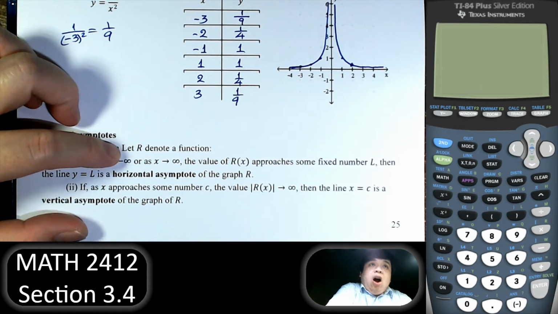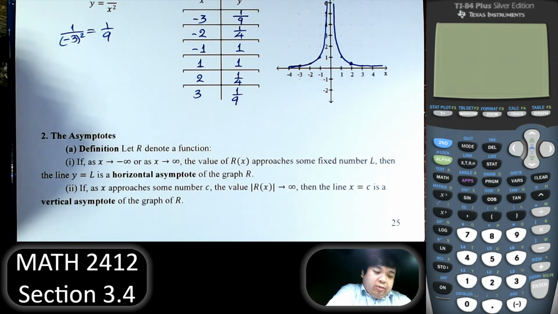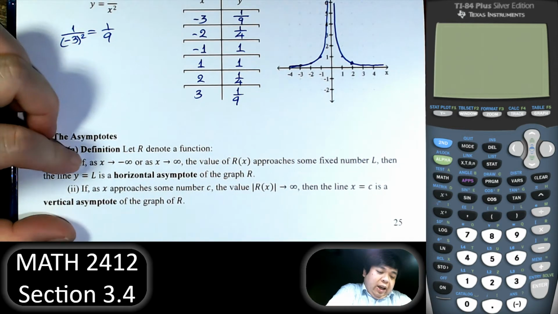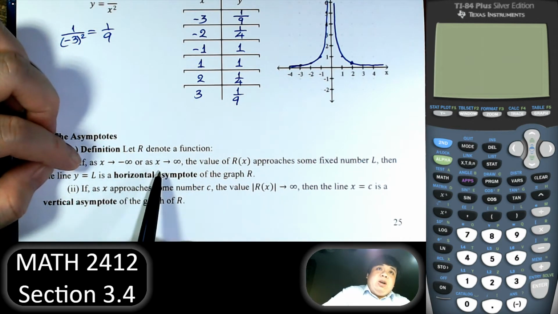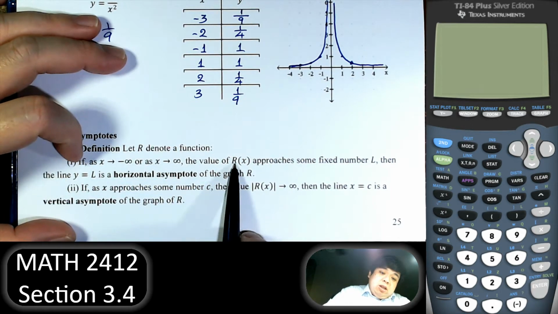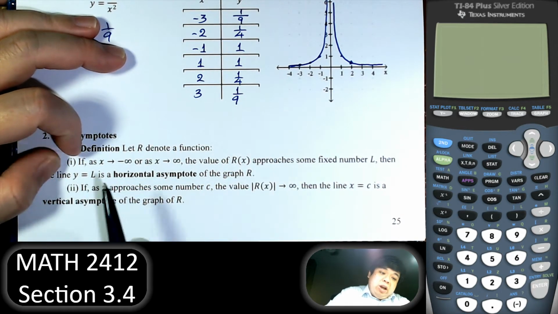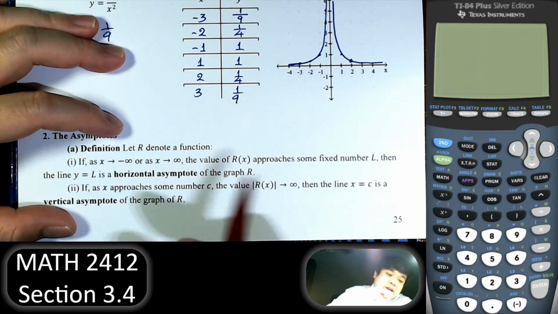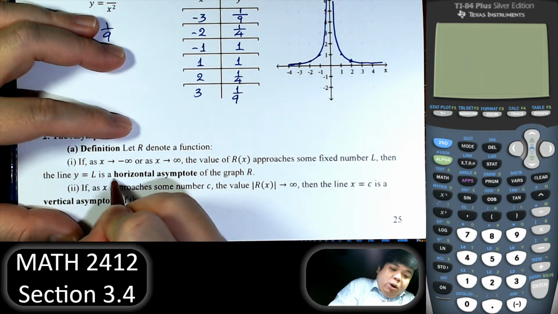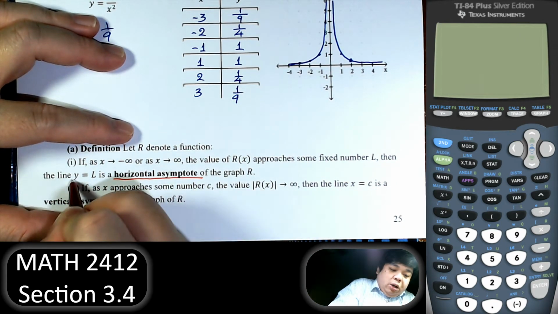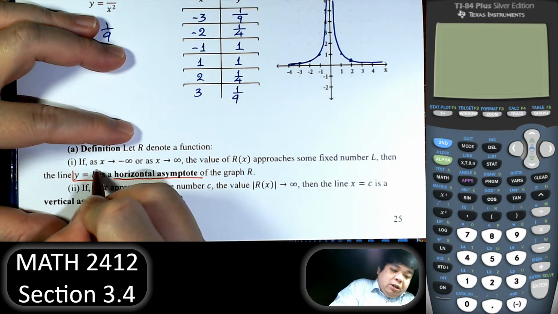Definition: let R denote a rational function. If x goes to negative infinity or infinity and the values approach some fixed number L, then the line y equals L is a horizontal asymptote. So when we have a horizontal asymptote, the equation is y equals something.